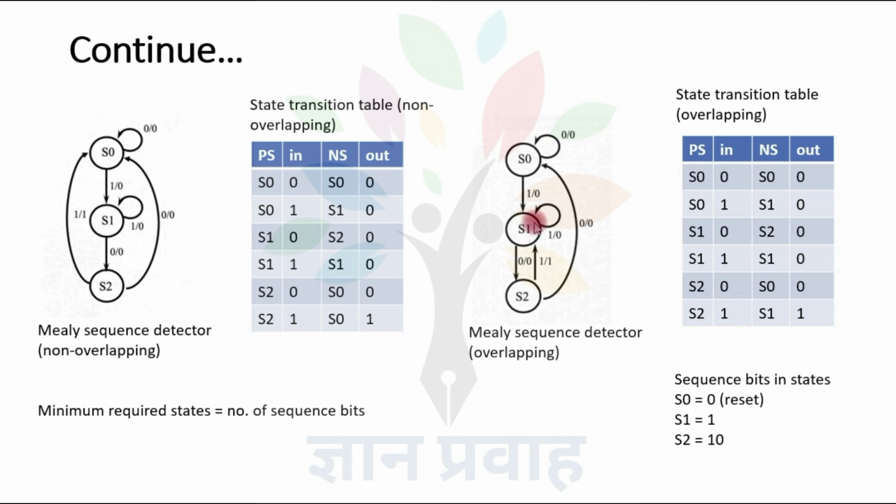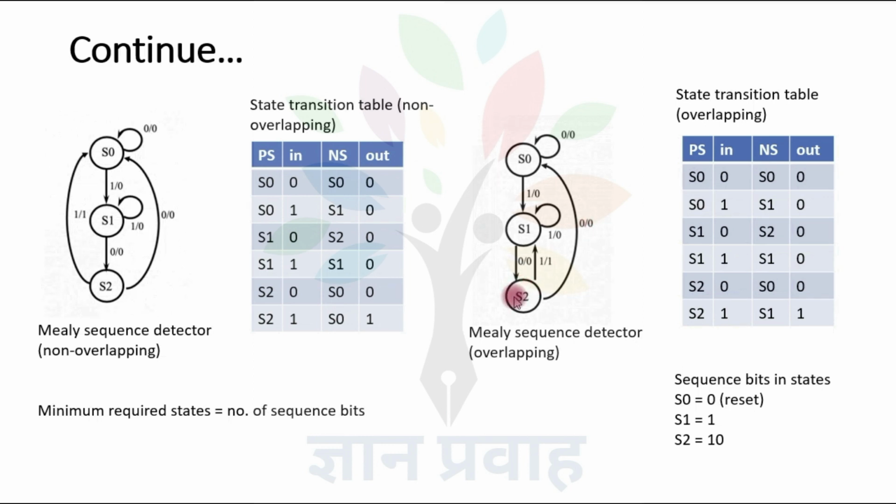It means the state remains the same, at S1. At state S2, when we receive 0 here, then the sequence will be 1, 0, 0. It means it is not in the order of our desired sequence, and the next state will be the reset state, input 0 and output 0 because the sequence is not detected.